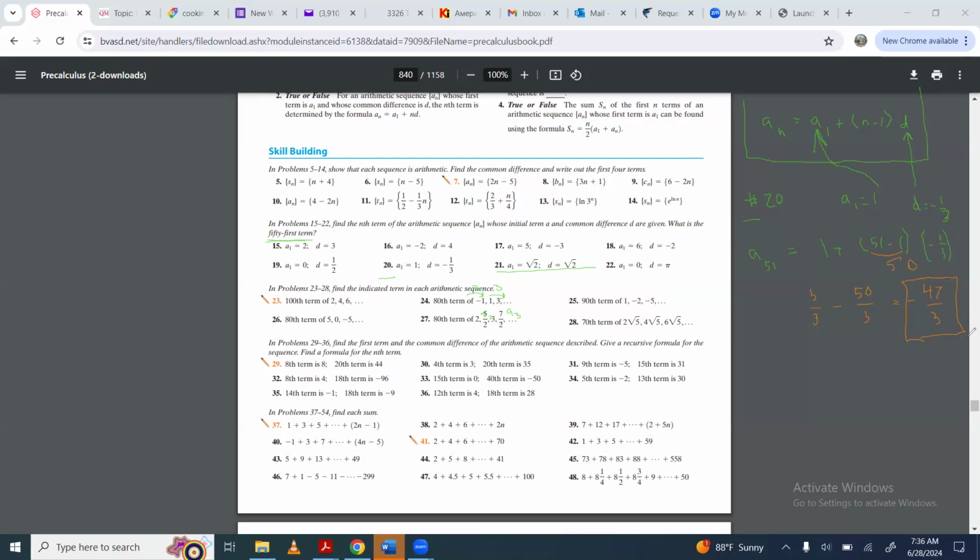So what else is here? Well, other thing was to add numbers, and there was a formula for that procedure when we were adding numbers. So for example, if I add in exercise 43 a bunch of numbers in arithmetic sequence, and I just need to know how many of them I'm adding.